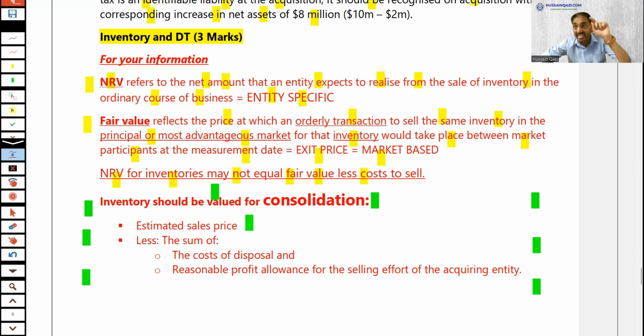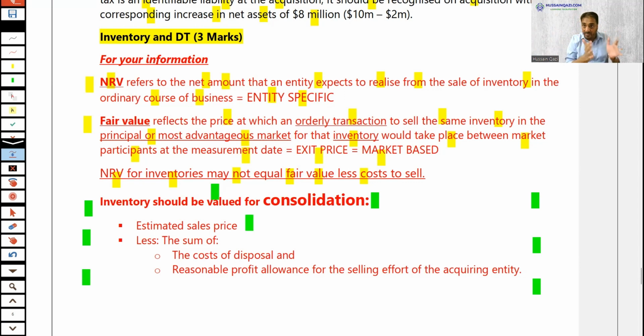at estimated sales price. Sales price means entity specific price, meaning the entity's ability to sell the asset rather than the value in the market.